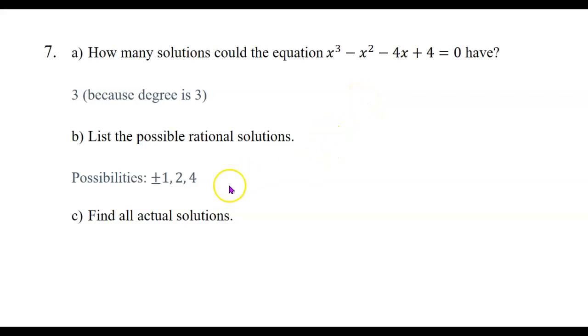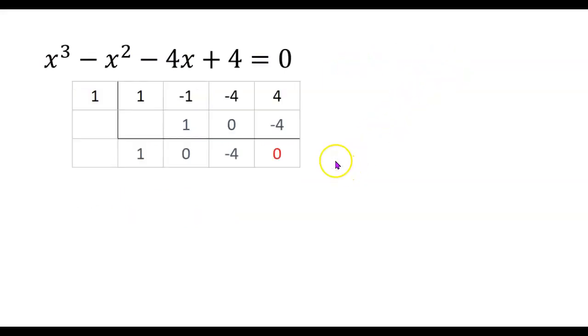We can start by trial and error, but instead of just plugging in the numbers that we're trying and seeing if we come out with 0, let's do synthetic division. Let's try 1 by setting up synthetic division with 1, negative 1, negative 4, 4, our coefficients, and we put 1 out in front, and we go through the synthetic division.